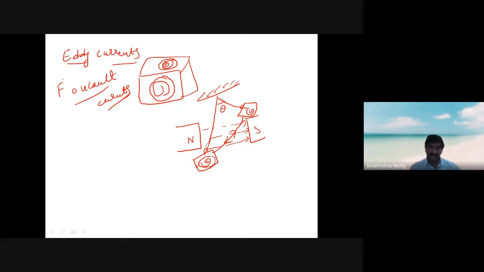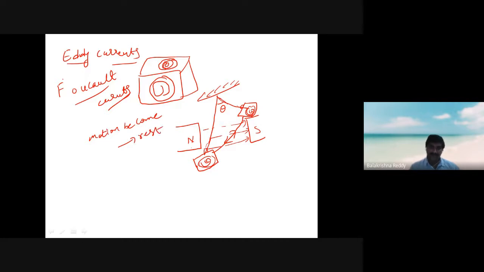Initially, whenever we applied some external force to move this pendulum through the magnetic field, it moves properly. But later on, after 2-3 attempts, it comes to rest, or the motion becomes slower.